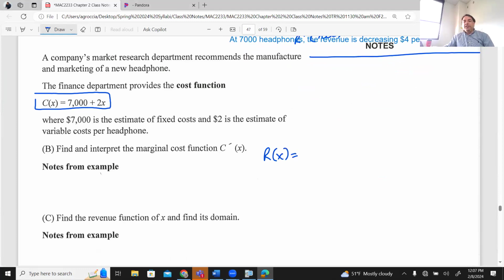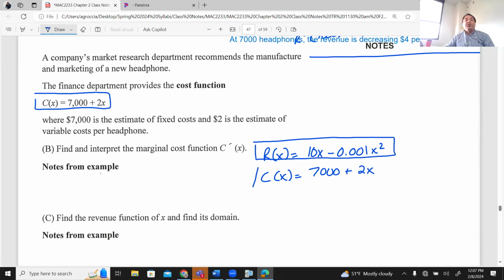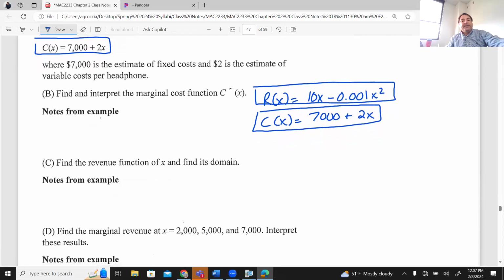Revenue was 10x minus 0.001 x squared. I'm now adding to this. We know our cost is 7,000 plus 2x. Now, I don't want to spend too much time doing the same thing over and over again, but I do want to test your algebra, your calculator, and now your understanding.